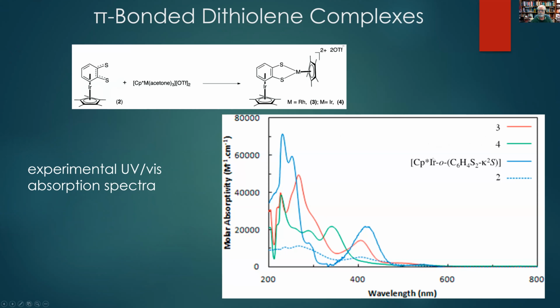So there's this initial complex, which is not shown, 2, which is the smaller iridium complex, the starting material, and then structures 3 and 4, which are these larger bimetallic complexes with either the iridium or the rhodium as the second metal.